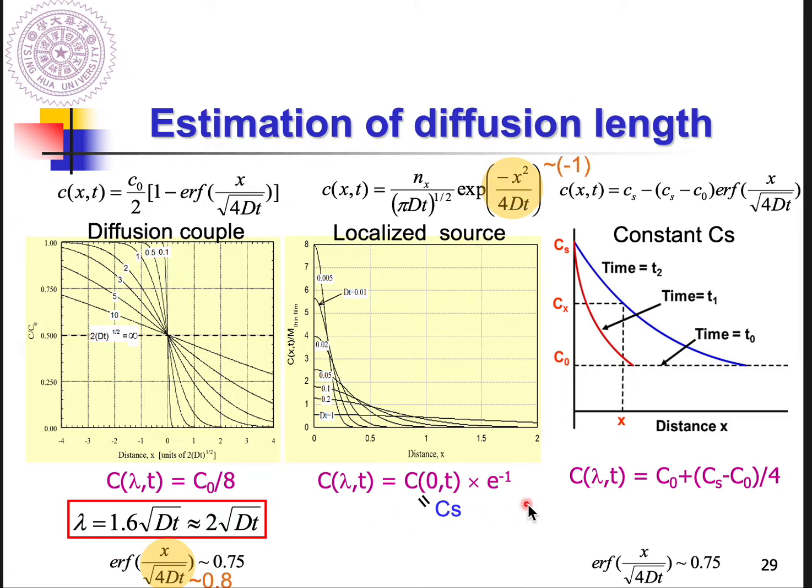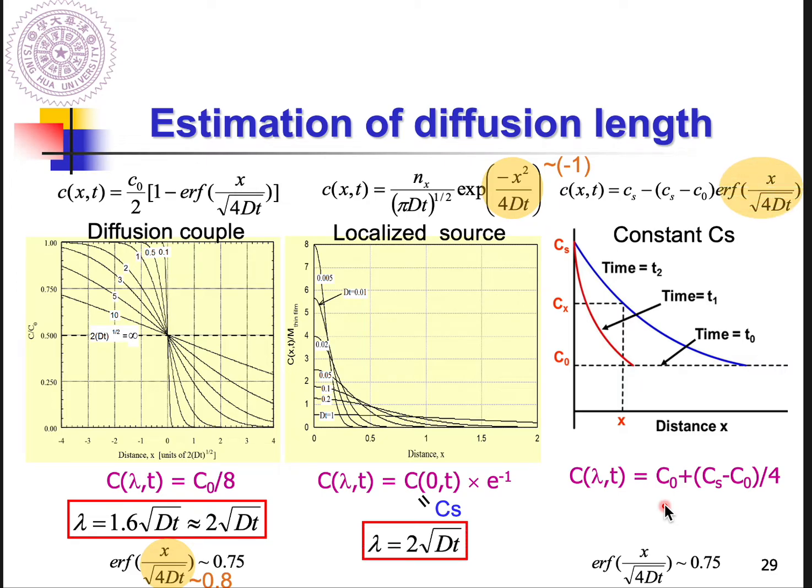So the concentration is around like this. And for the third case, if you use the square root of 4Dt here, the concentration will be nearly equal to this.